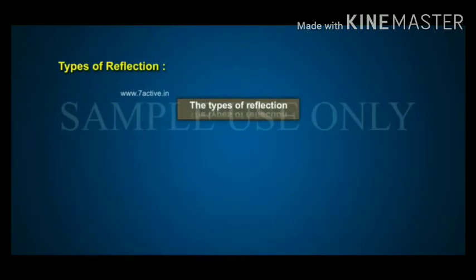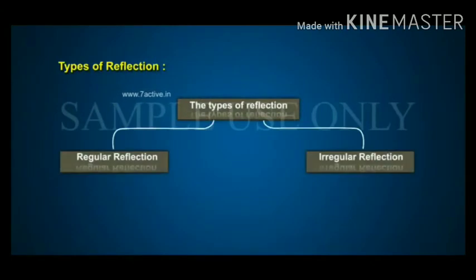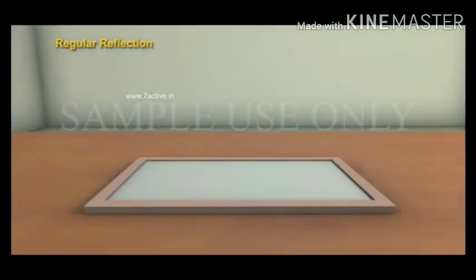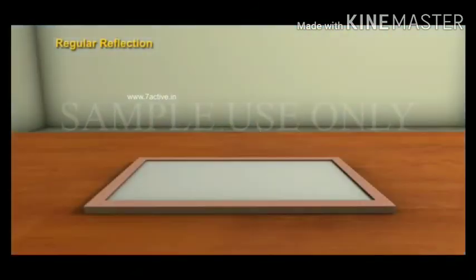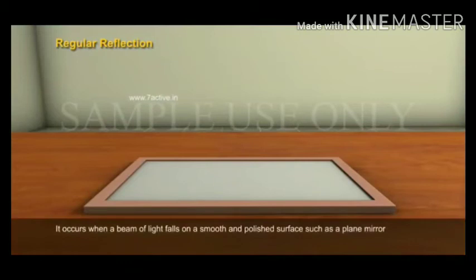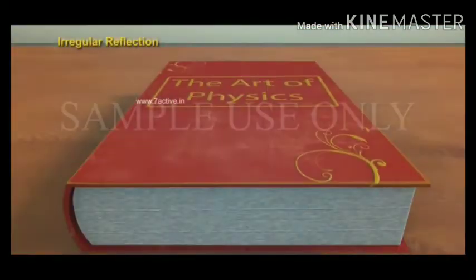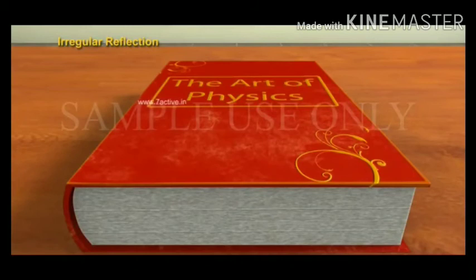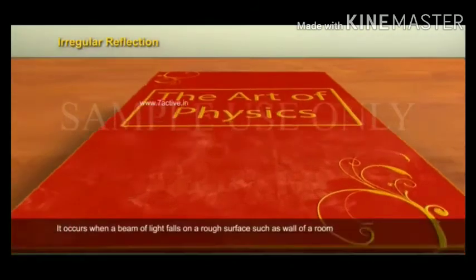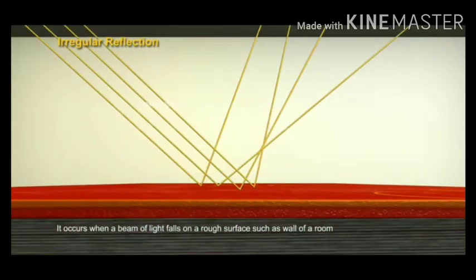The types of reflection are regular reflection and irregular or diffused reflection. Regular reflection occurs when a beam of light falls on a smooth and polished surface, such as a plane mirror. Irregular reflection occurs when a beam of light falls on a rough surface, such as the wall of a room.